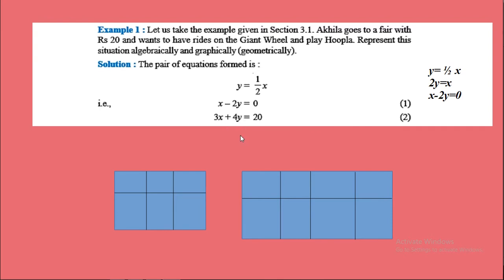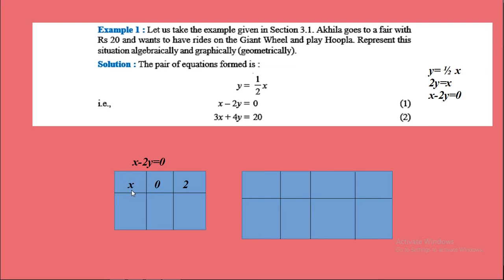Now we are going to plot the graph of these two linear equations, and from that graph we have to find the solution for the pair of linear equations. For that we are writing the table for the first linear equation, x minus 2y equal to 0. To write the table, first we give some values for x. We can take any values of your choice.